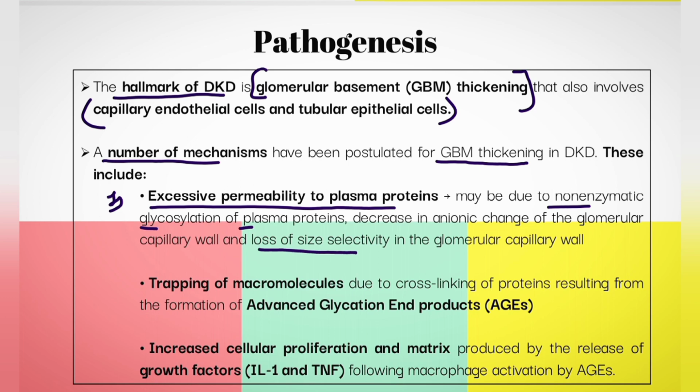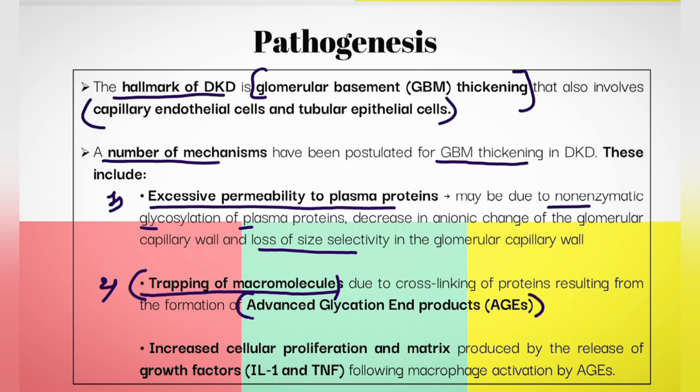The second mechanism behind this glomerular basement membrane thickening is trapping of the macromolecules, and it may be due to the cross linking of the proteins, which ultimately leads to formation of the advanced glycation end products.